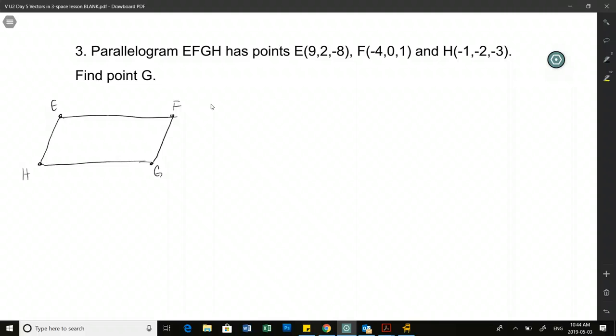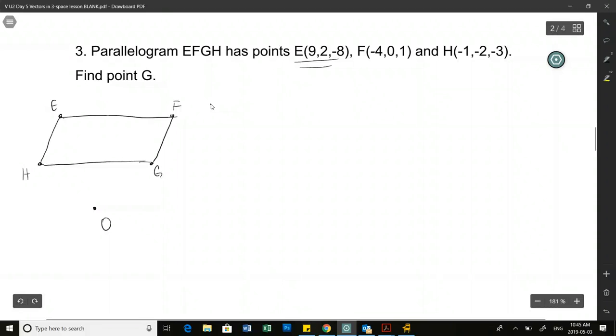Okay, so in order to find point G, we're going to use the fact that somewhere, we're not sure where it's orientated, but somewhere we have the origin over here, right? Because we always express all of our vectors as if they come from the origin. Right now these are points, they're not vectors.